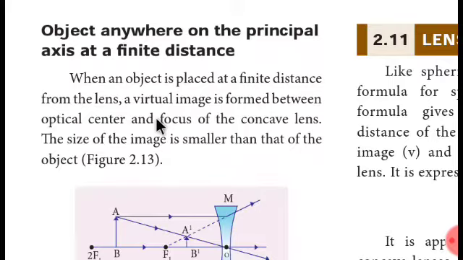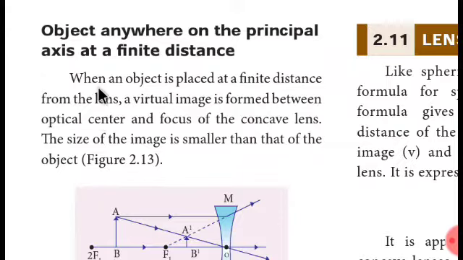So first of all, you may have a question: why did we have 6 subcases in a convex lens and here only 2 cases in a concave lens? The answer is that in a convex lens we get two types of images. One is a real image, which can be obtained on a screen, and for that we get five different cases.